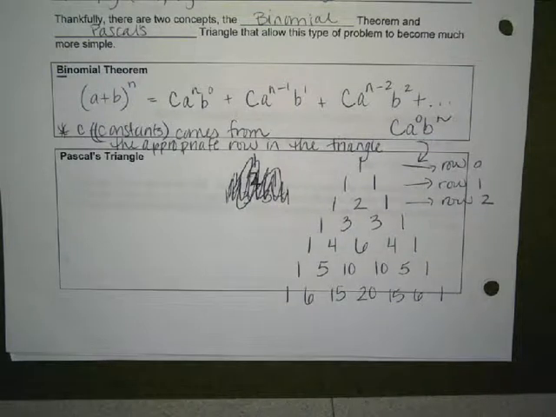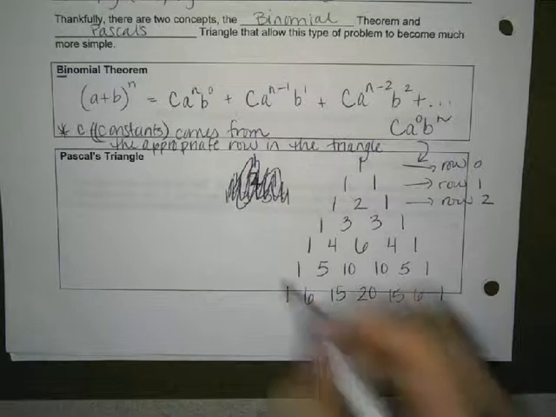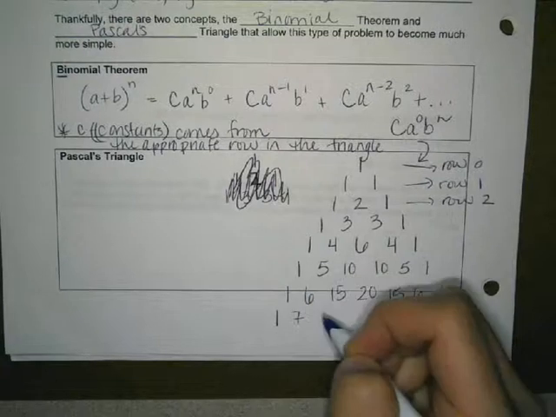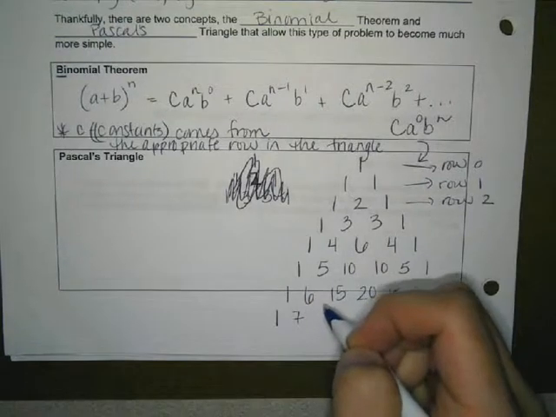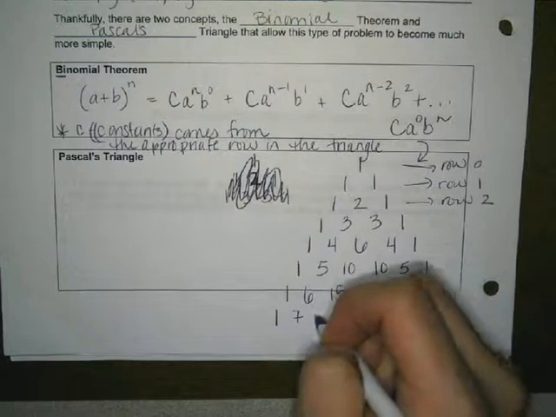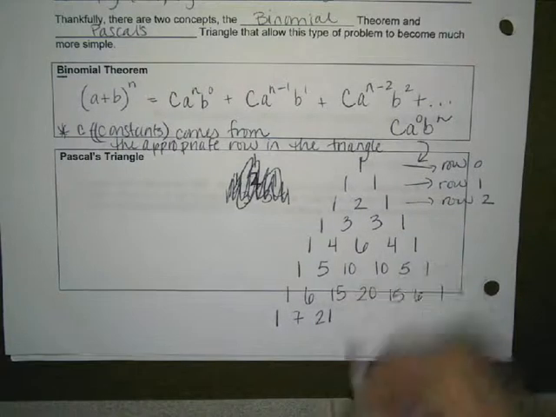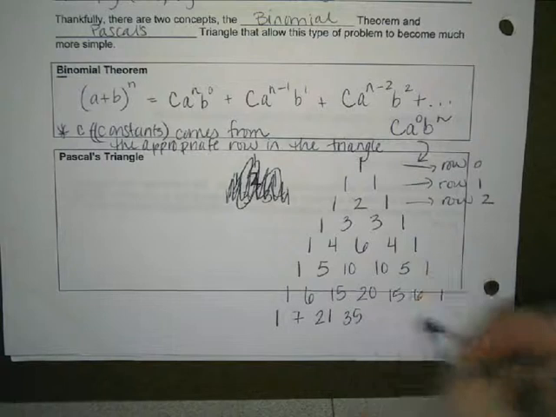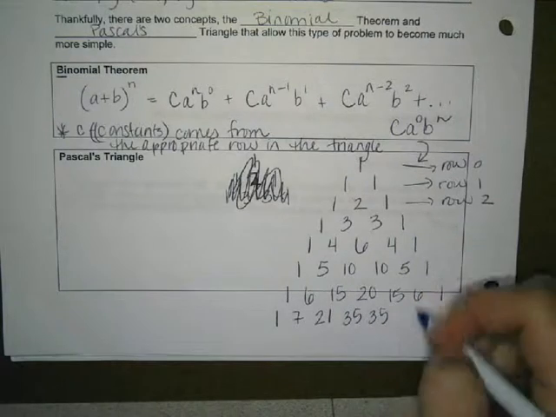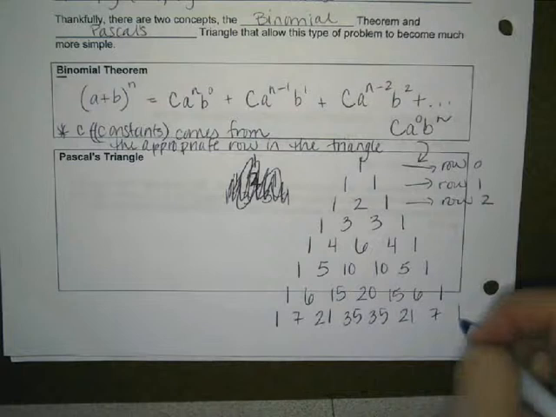So on your own, I want you to try to do the 7th row. So basically, to get the number underneath, you're adding the 2 numbers above to get that new number. Is that what you got for the 7th row?